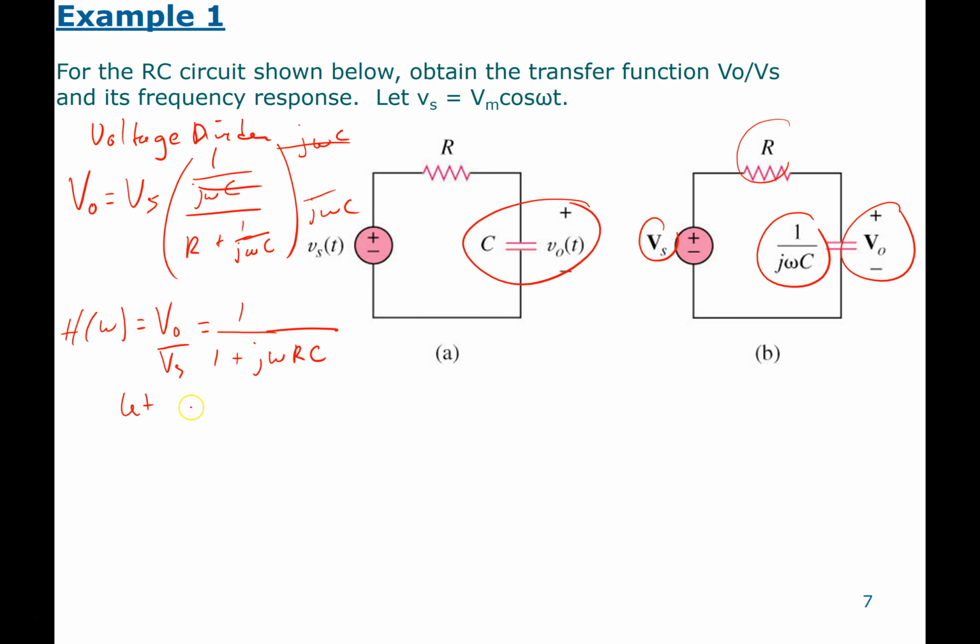And if we let some omega 0 equal 1 over RC, you can write this in a more standard form as H of omega equals 1 over 1 plus j times omega over omega 0.